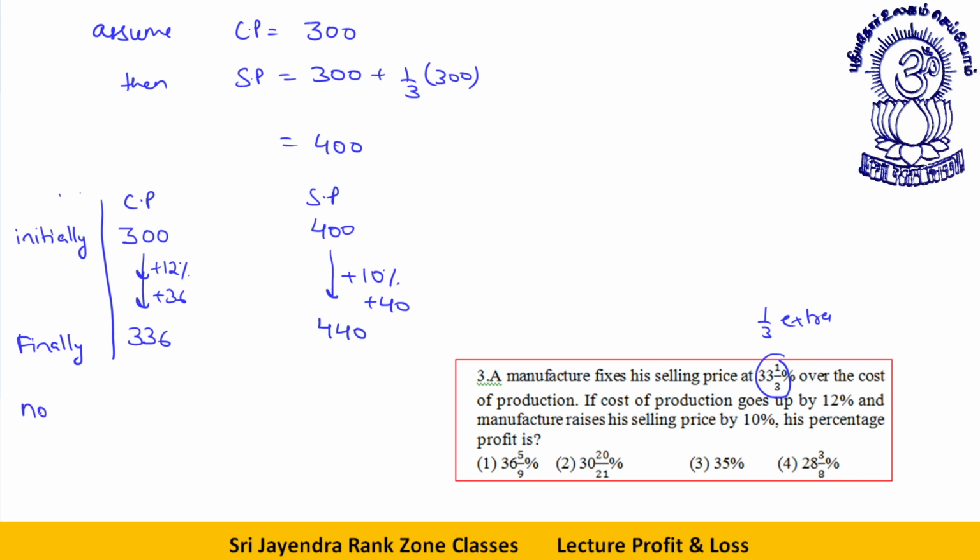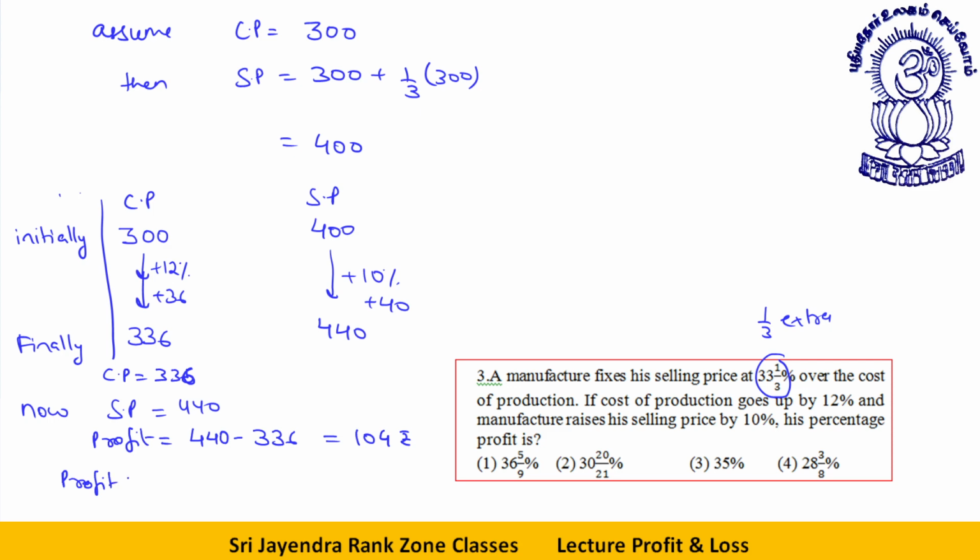Now SP is equal to 440, CP is equal to 336. Therefore, profit is equal to 440 minus 336, or 104 rupees.